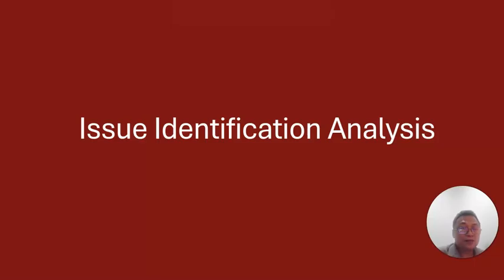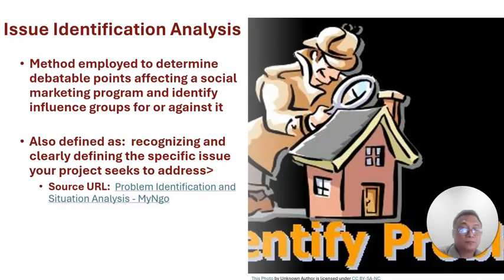Another example is issue identification analysis. This method is employed to determine debatable points affecting a social marketing program and identify influence groups for or against it.